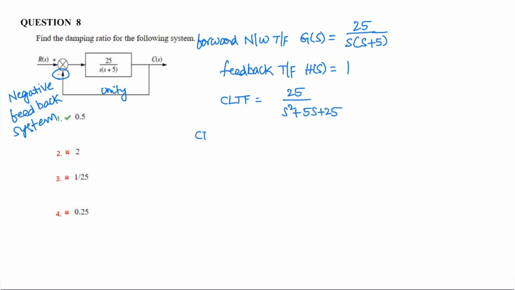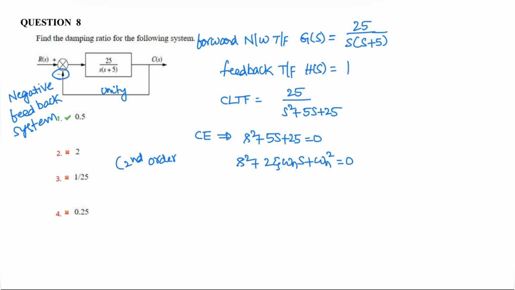Now the characteristic equation of the system is the denominator equal to 0: s square plus 5s plus 25 equals 0. Compare it with the standard second order characteristic equation, s square plus 2 zeta omega n s plus omega n square equals 0.